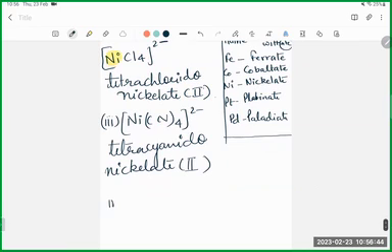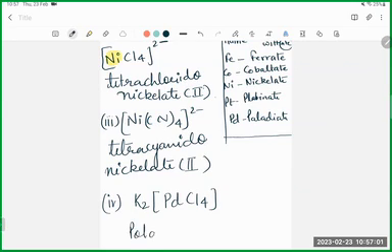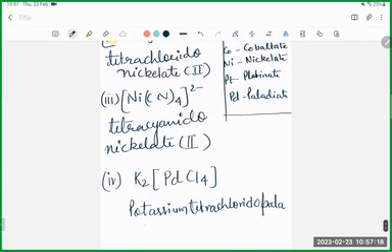So here we go with the potassium. +2, x, 0.